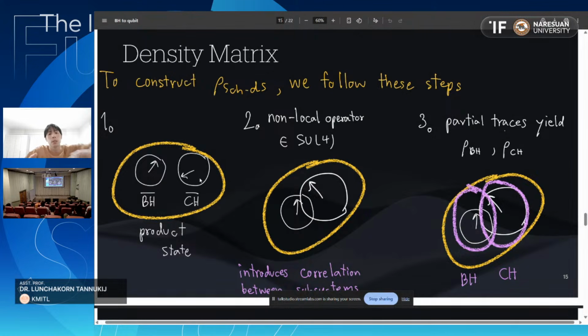But once you rotate it and do the partial trace later, you will end up with different things. And we are going to require the density matrix of the system drawn by this purple chalk here to be the rho BH without bar.